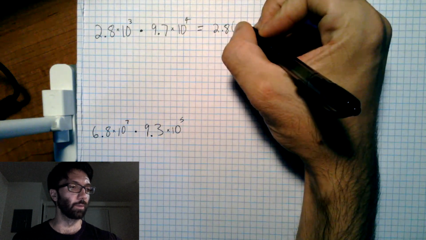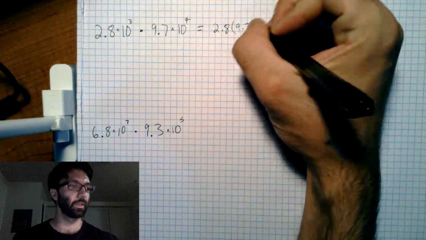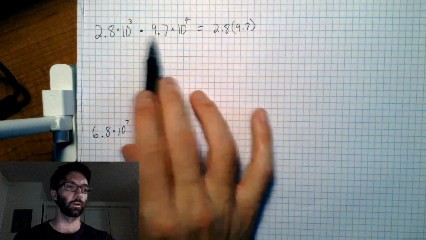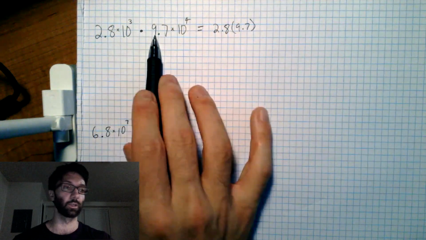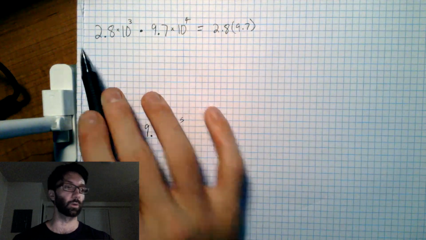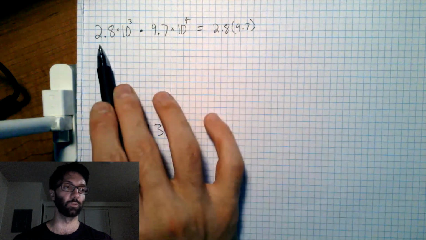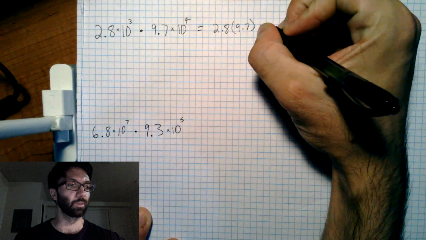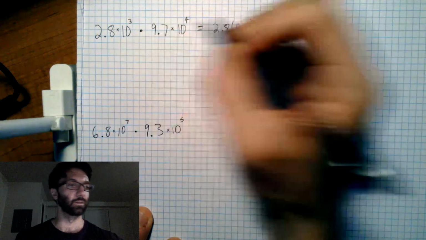And so what I'm going to do here is I'm going to put the two factors that were in front of the scientific notation out together. So we're going to put those first, the 2.8 and the 9.7. And then we're going to multiply that by our powers of 10 here.